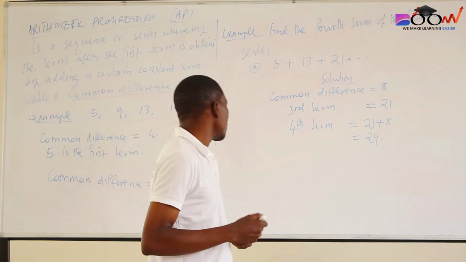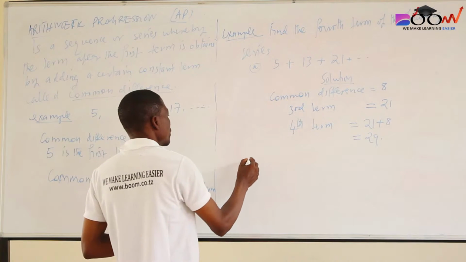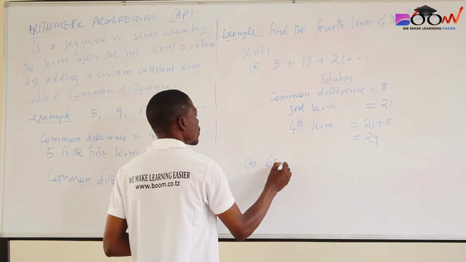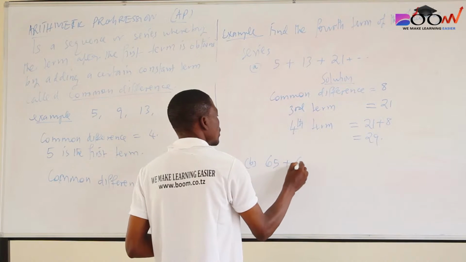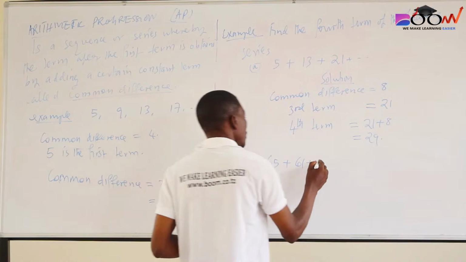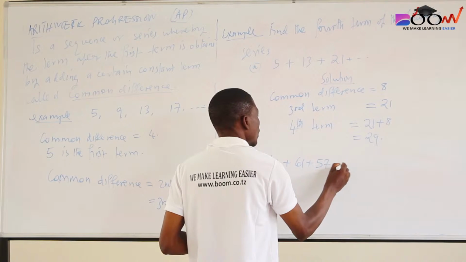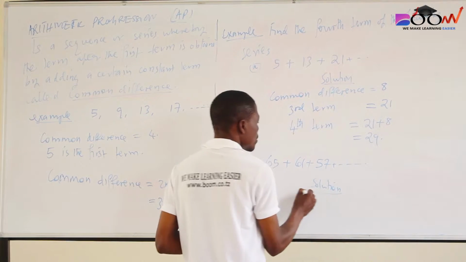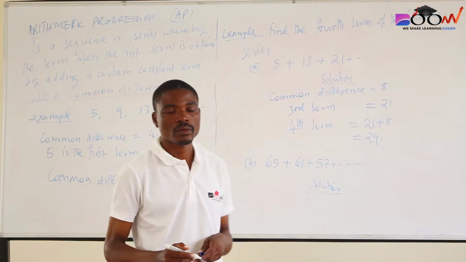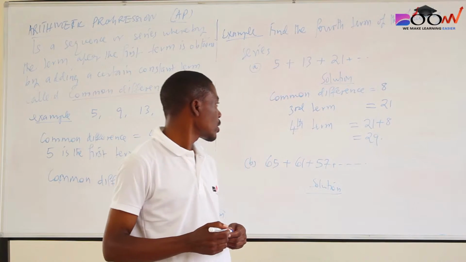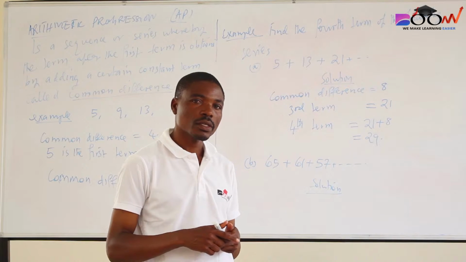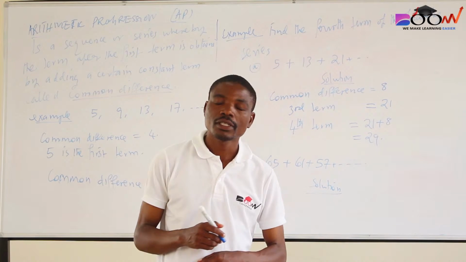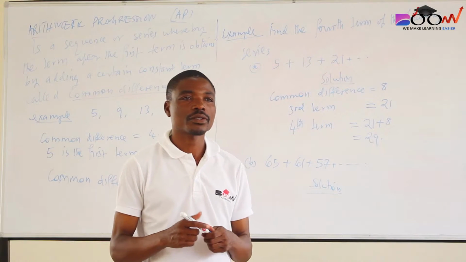That is one example. The second one can be, say, 65 plus, let's say, 61 plus, let's say, 57, and so on. What will be now the first term? The first term, as I said, first determine the common difference.